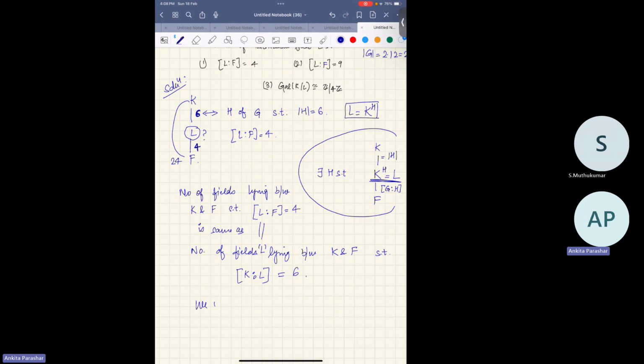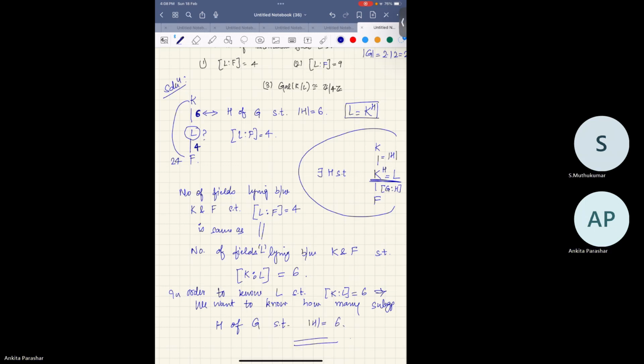So in order to know L such that K over L is 6, this is the same as knowing how many subgroups H of G such that the order of H is 6.